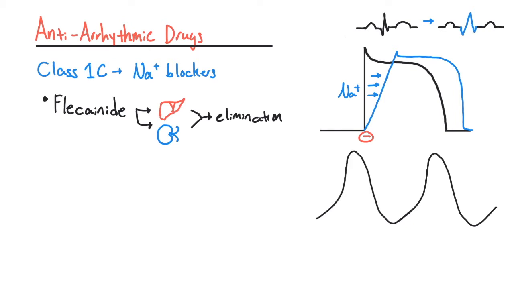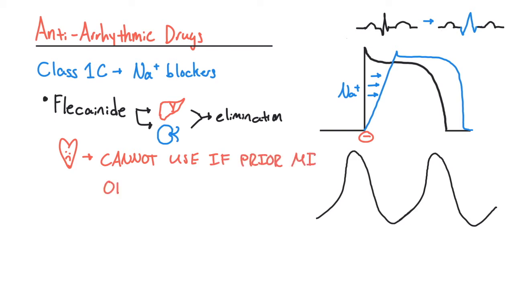Probably the biggest thing to remember about flecainide is that it can cause a very serious increased risk of mortality, death, in patients who have heart failure or patients who have had a previous myocardial infarction or a previous heart attack. So you cannot use it if prior MI or heart failure.